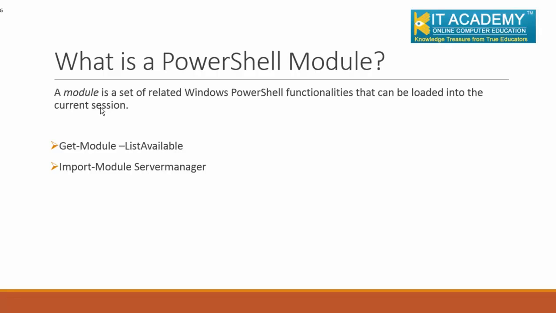PowerShell obviously has a lot of modules, so depending upon a requirement, we start working with a specific module. The question here is, how do I know what modules PowerShell is giving me, or how do I load a specific module of my choice into my PowerShell session so that I can start working with the various commands of that module?